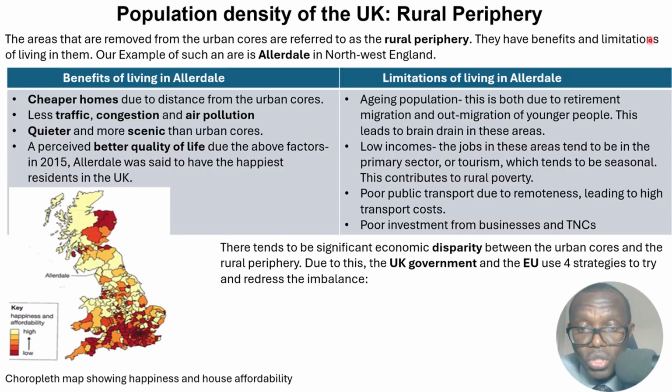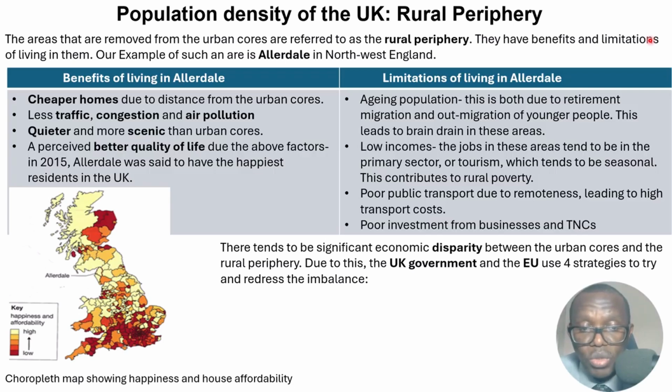And then that aging population is also due to out-migration of the younger people. Because there's less economic activity, the younger people are likely to move out to the cities to find better opportunities there. And this can actually lead to a brain drain in these areas.